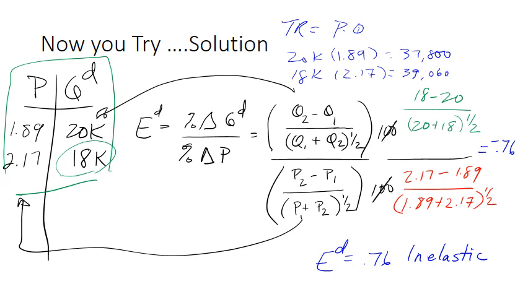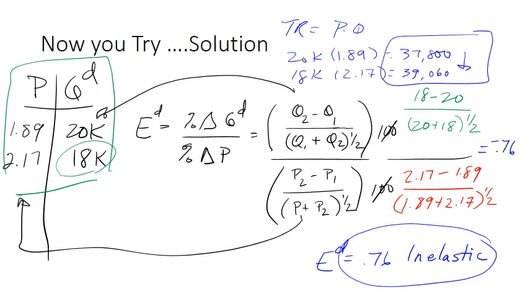So total revenue actually has gone up, which makes perfect sense because if we're in the inelastic region of a curve, increasing the price is supposed to increase total revenue. And that's exactly what we see happening here. Total revenue went up by $1,260.